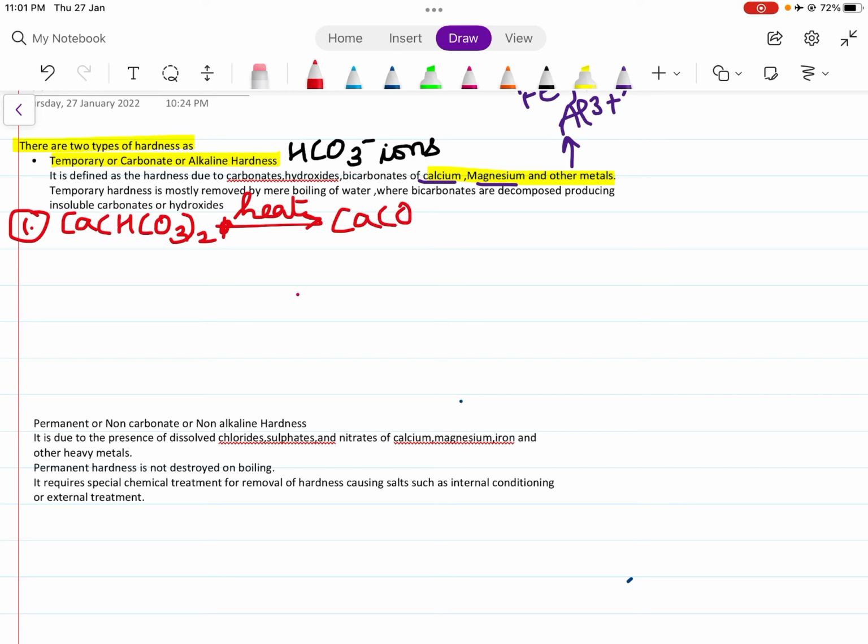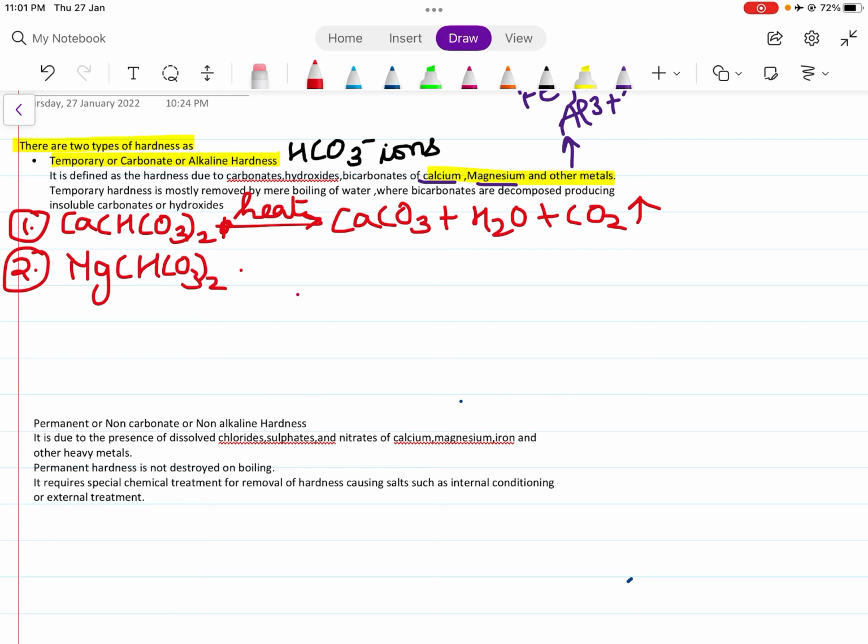We got calcium carbonate plus H2O plus CO2 released into the atmosphere. Second reaction, when magnesium bicarbonate was heated, we got magnesium hydroxide plus 2CO2.